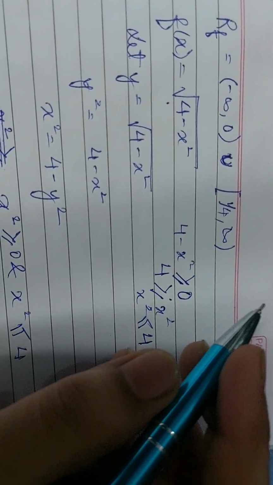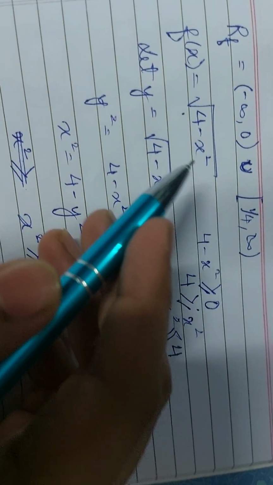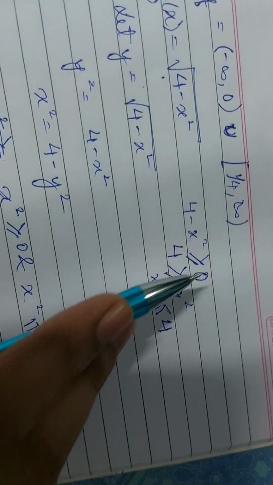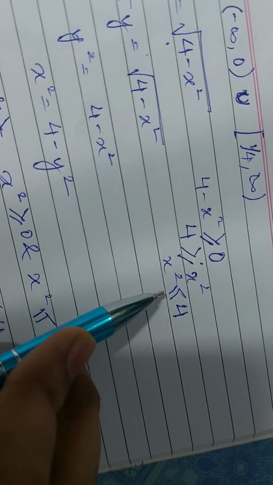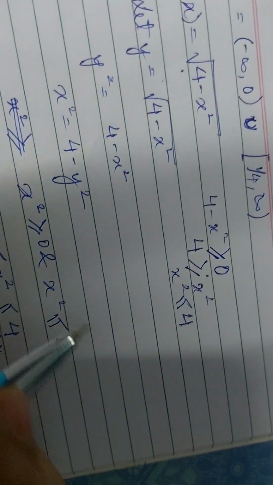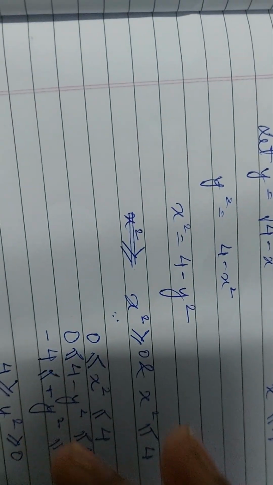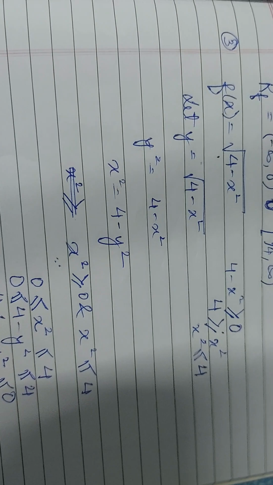Another characteristic of x square was here only, that 4 minus x square is greater than or equal to 0, and from here we got to know that x square is less than or equal to 4. So we do not just rely on one characteristic. We have to find all characteristics of x square when we are calculating the range. For that you have to be very observant about the question.